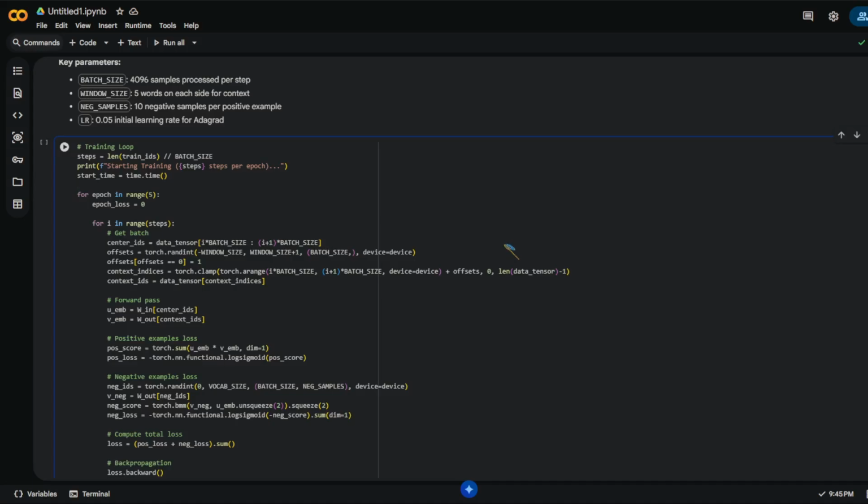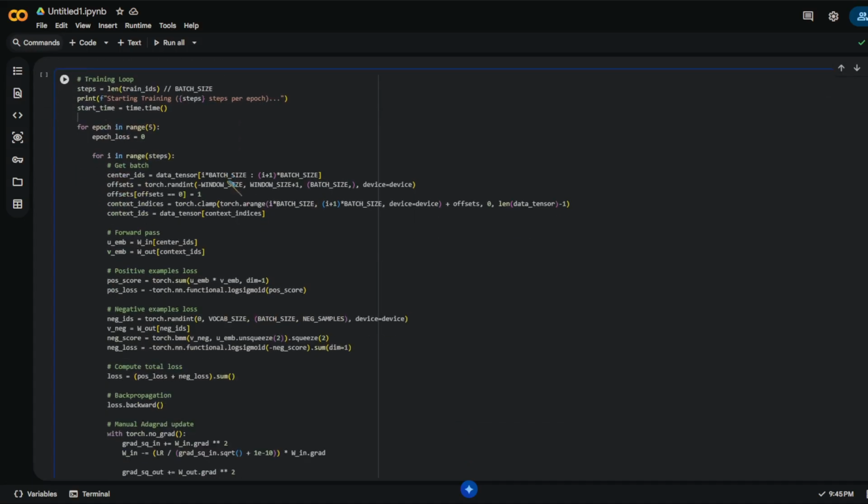Calculating the softmax probability for 50,000 words is computationally impossible for every step. So instead, I maximize the probability of the real context word and minimize the probability of 10 negative, random noise words. You can see the manual log sigmoid loss calculation here.